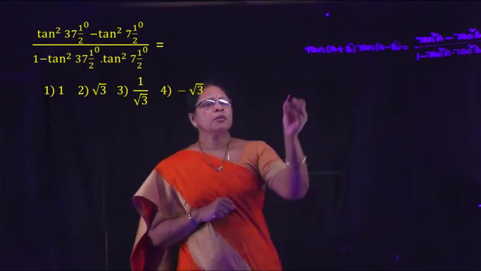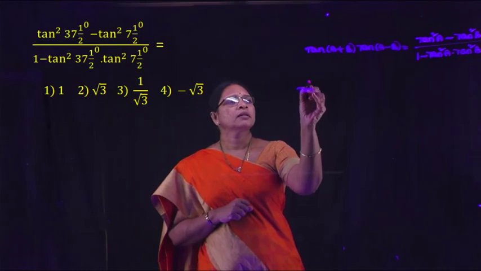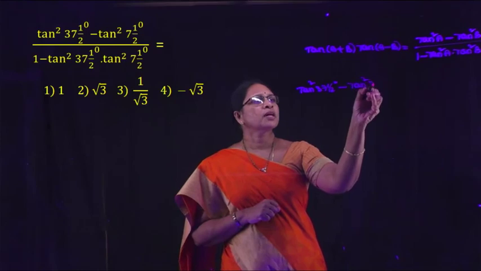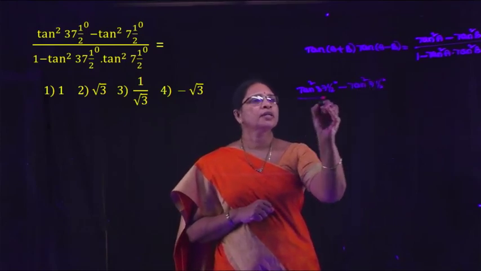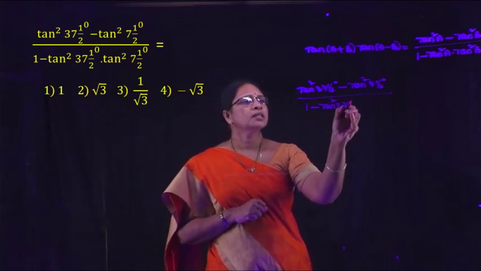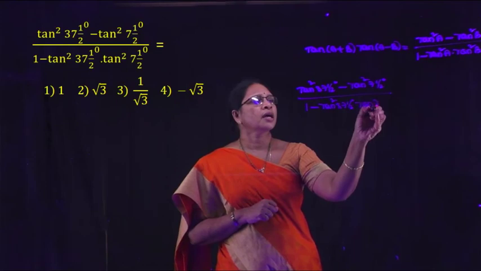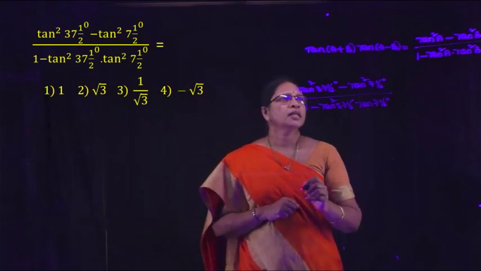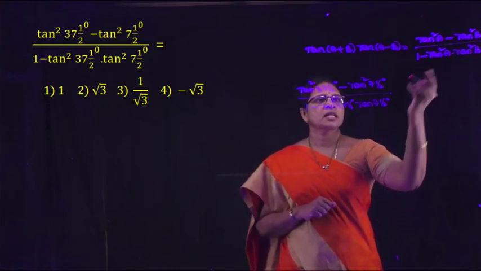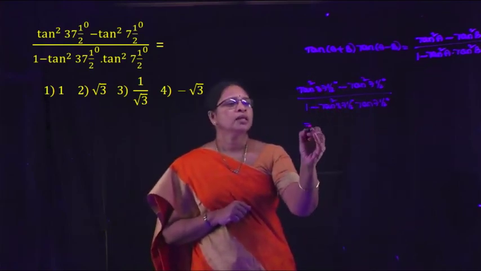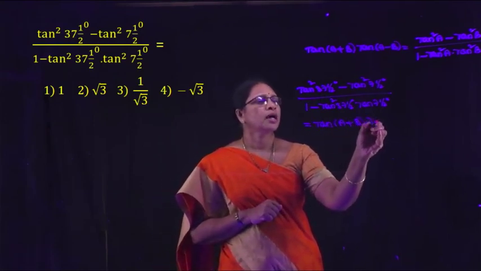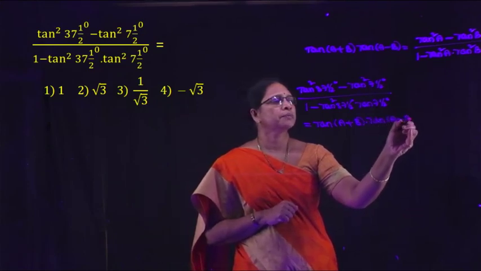Here the given problem is tan square 37.5 degree minus tan square 7.5 degree by 1 minus tan square 37.5 into tan square 7.5. Here it is in the form of tan square A minus tan square B by 1 minus tan square A into tan square B, that is tan (A plus B) into tan (A minus B).